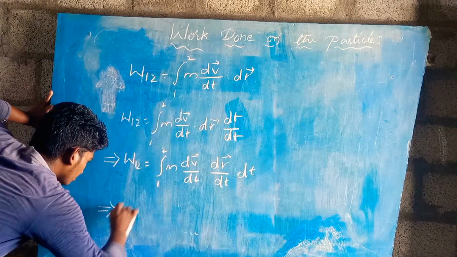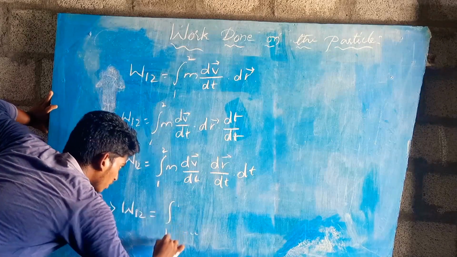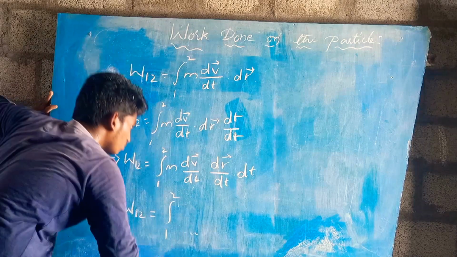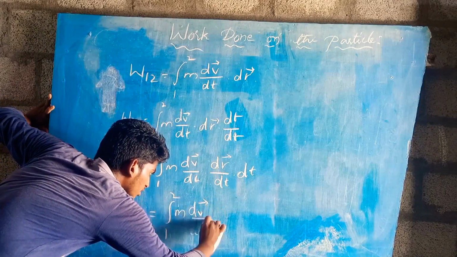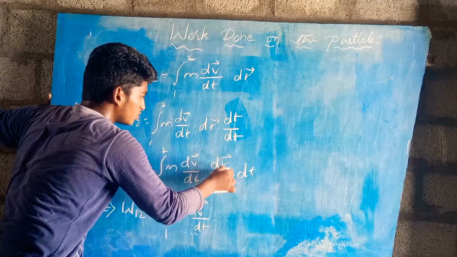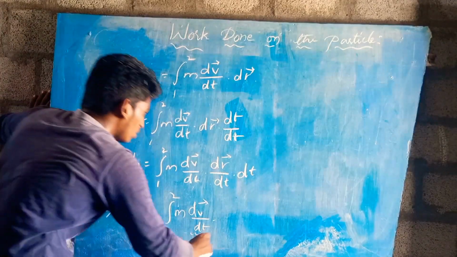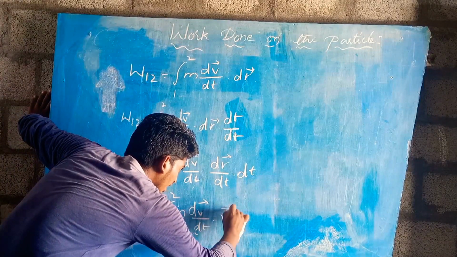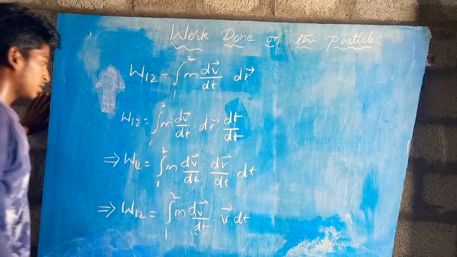That implies W12 is equal to integral 1 to 2 m dV by dt. As we all know, change in position, that means dr by dt, is velocity, which is represented as v, times dt.